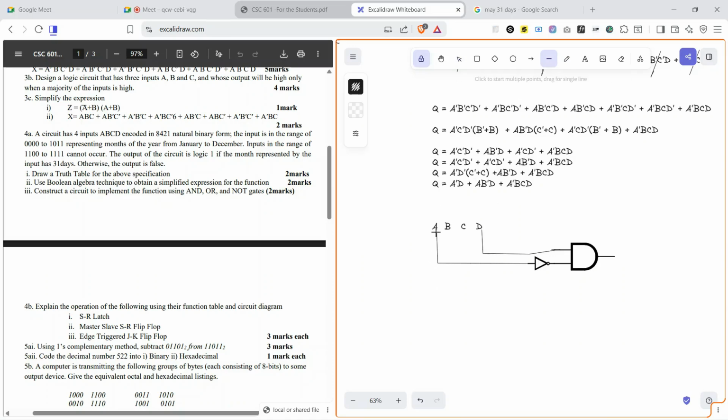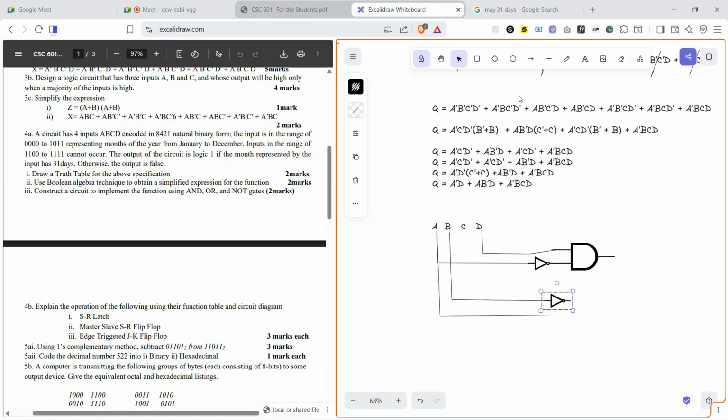A B D. So B bar, it means for our B, we are going to make it go through a NOT gate.